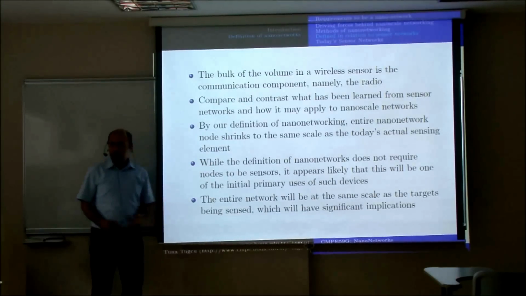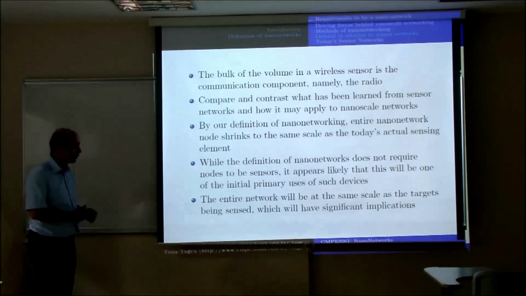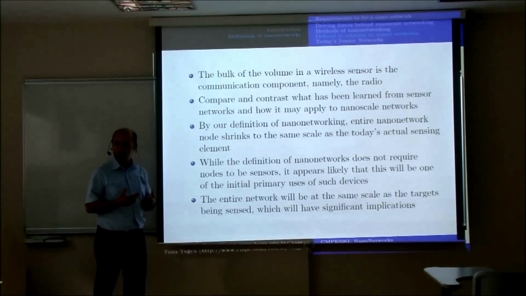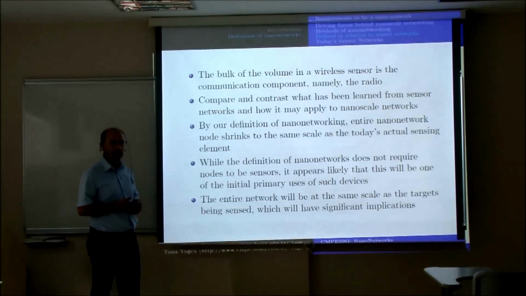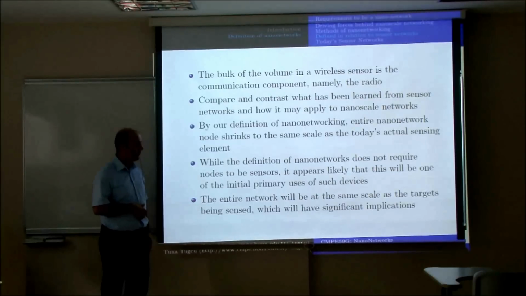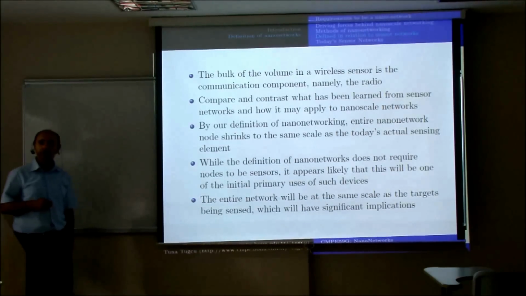According to our definition, the devices do not have to be always sensing nodes, but sensing happens to be one of the most applicable application areas for this. And the entire network will fit at the same scale as the target you're trying to sense.